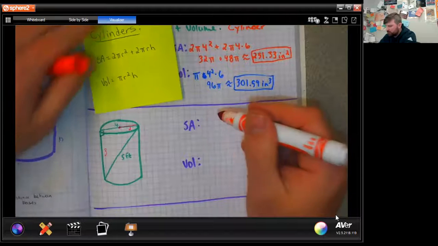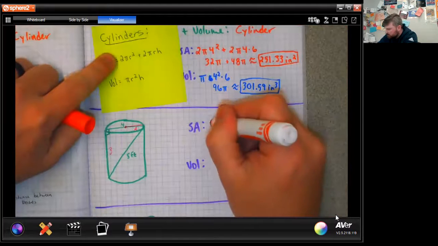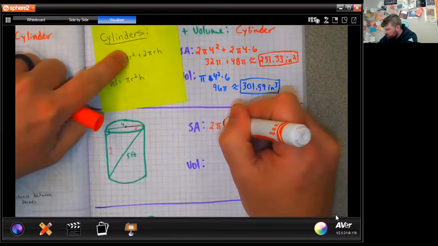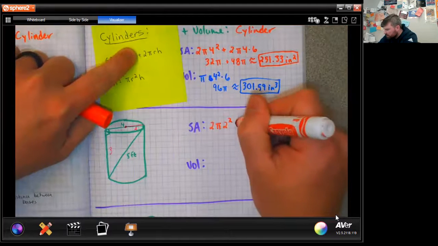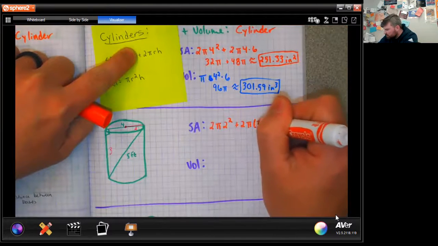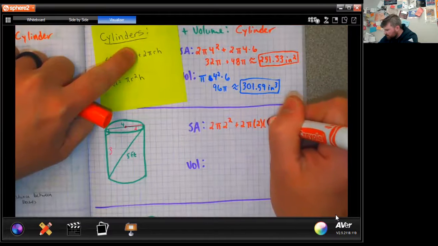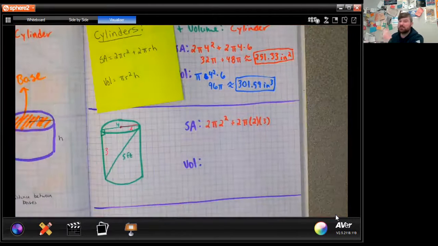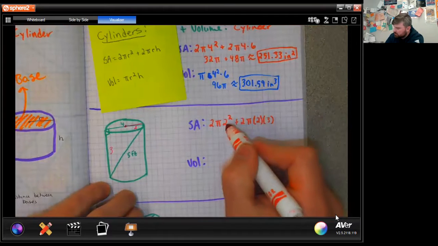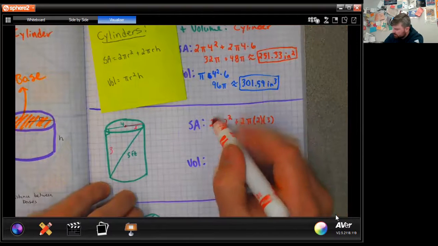So filling out our formula here, we have 2 pi times radius, which is 2 squared, plus 2 pi radius, which is 2 times the height, which we found to be 3. So the 5 actually doesn't go in our formula at all. Okay, so you have 2 squared is 4. 4 times 2 is 8.